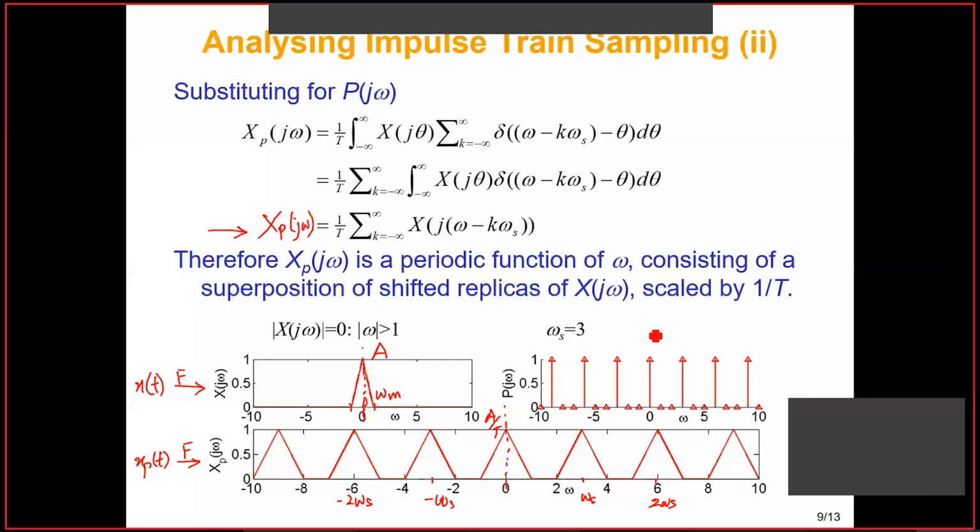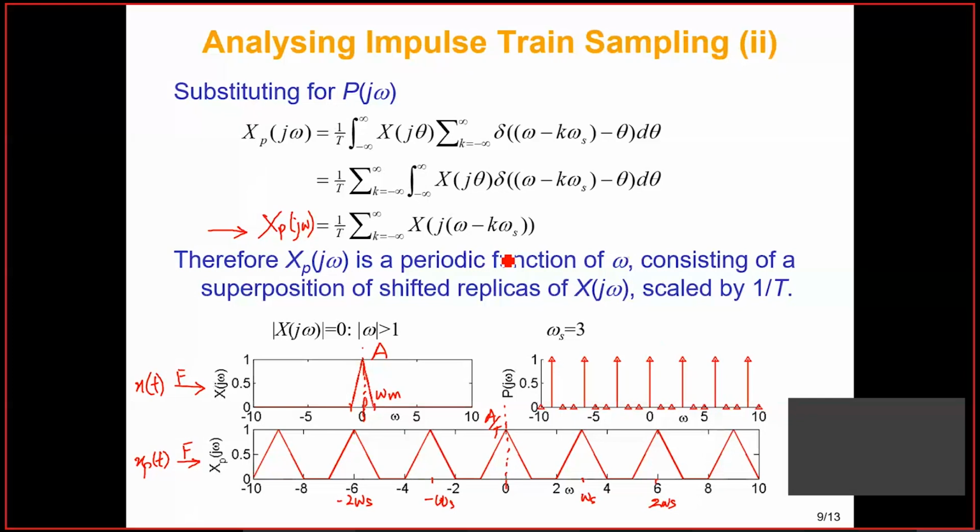Okay, so the same thing is shown right here also. So if you have a signal x of t with frequency content given by X(j omega), if you do impulse train sampling, then the impulse train frequency content would also be a set of impulses located at multiples of omega s and having the scaling of omega s.